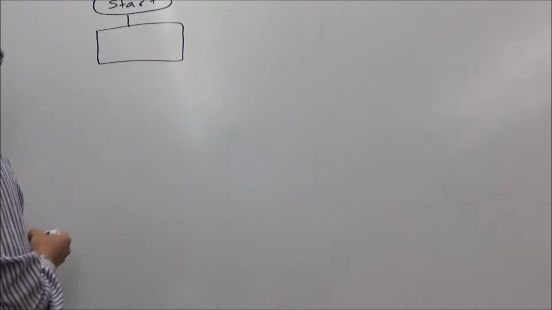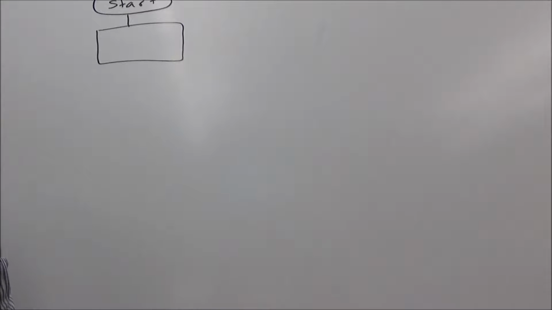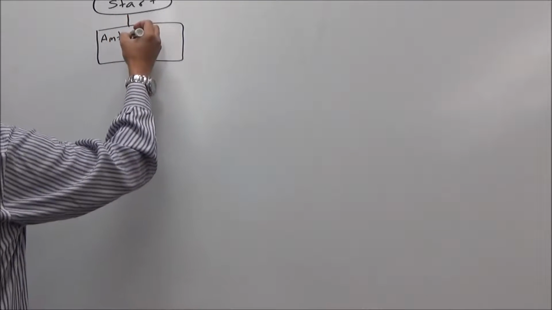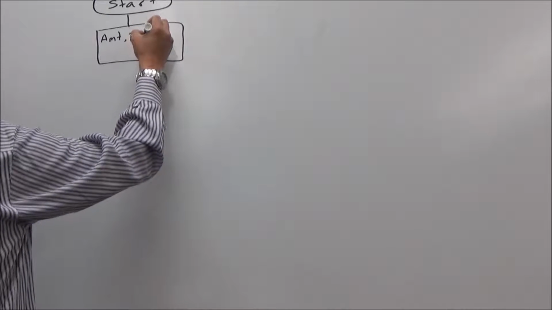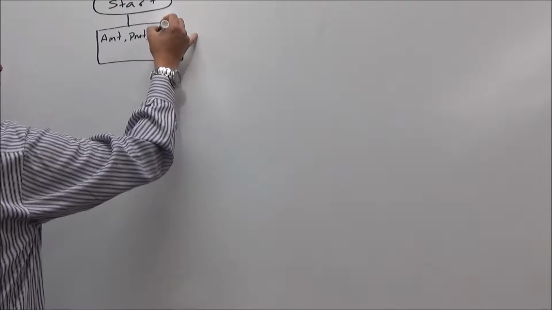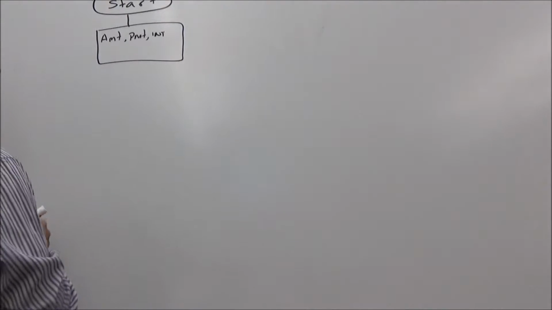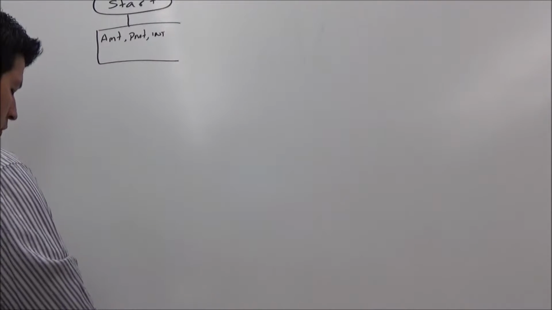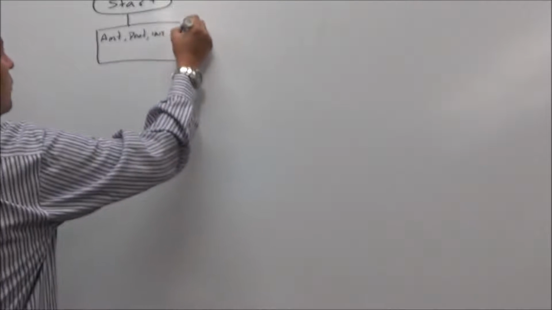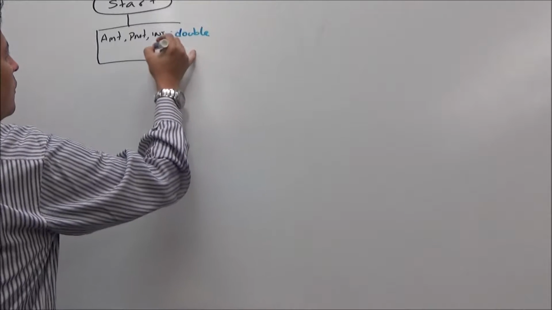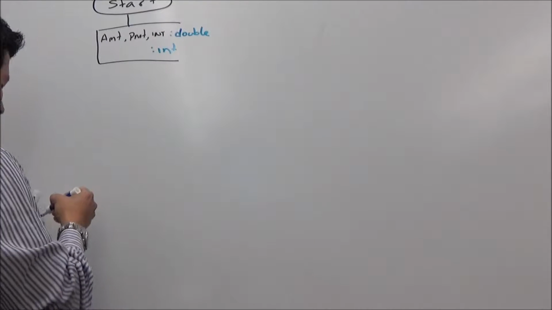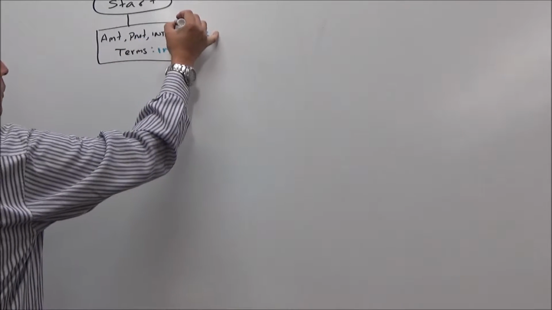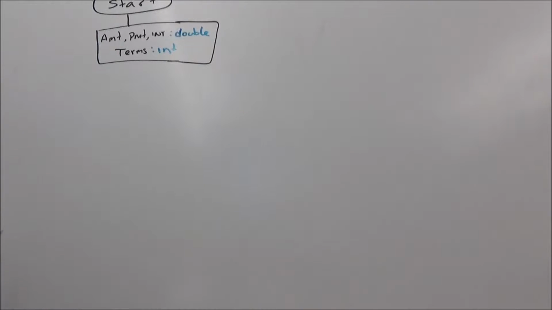So I'm going to declare my variables. I have the amount, the payment, and the interest. And those are doubles, right? Those were doubles. And we have one that is the terms, which is an int, right?